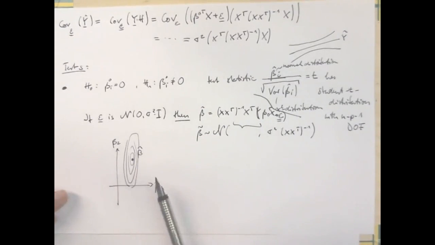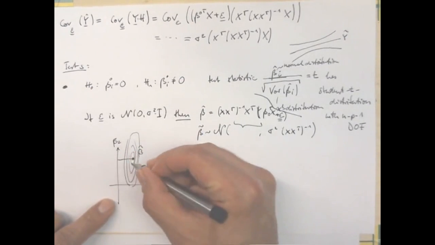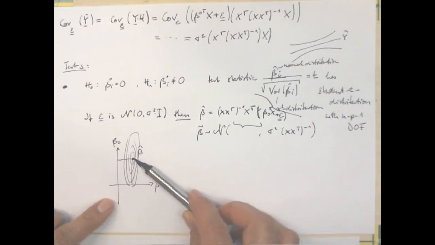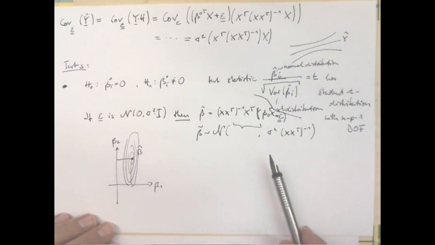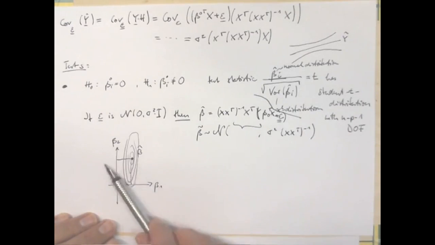If I just look at the numbers, then beta 2 is larger than beta 1, so it looks like beta 2 is the more significant coefficient. But according to this test statistic, because I'm normalizing by the standard deviation of these distributions, beta 1 would actually be more significant than beta 2.